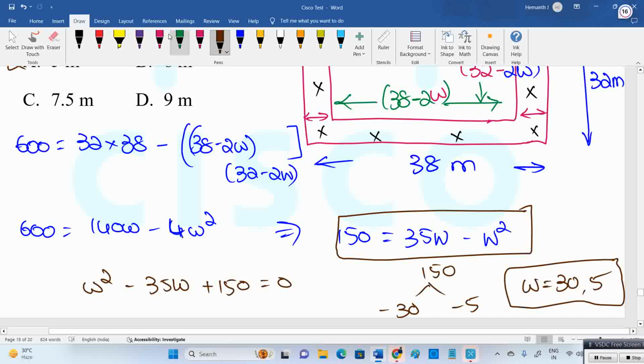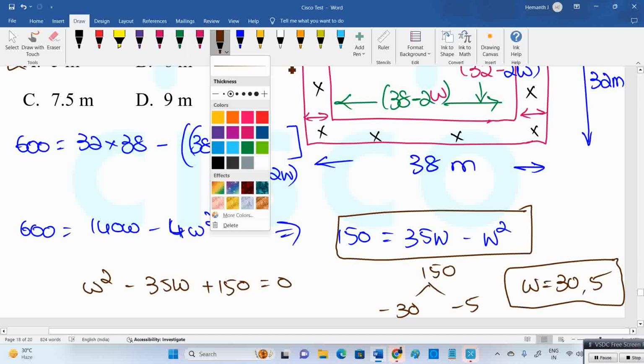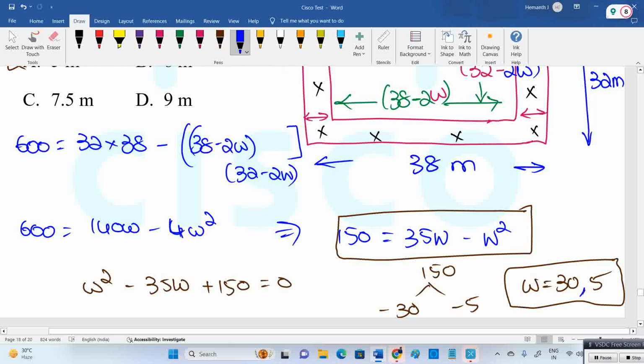But as per the situation, if w is 30, the inside length will be negative: 38 minus 2w. So logically 30 is not correct. You got 30 and 5 both as the answer, but only 5 fits logically. Mathematically both work, but as per the concept, the inside length is 38 minus 2w.